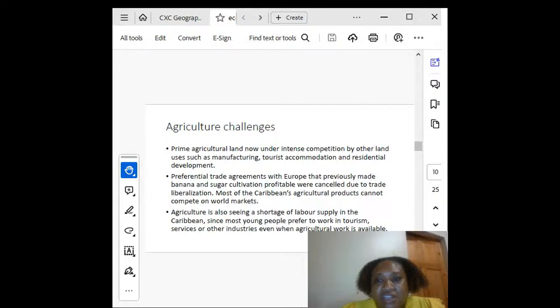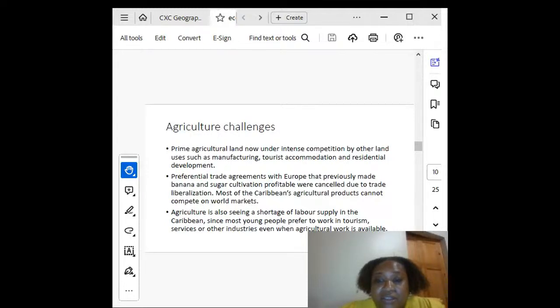So agricultural challenges, we have prime agricultural land now under intense competition by other land uses such as manufacturing, tourist accommodation, and residential development. Preferential trade agreements. We just talked about the banana and sugarcane cultivation markets being lost because we no longer have those markets in Europe.